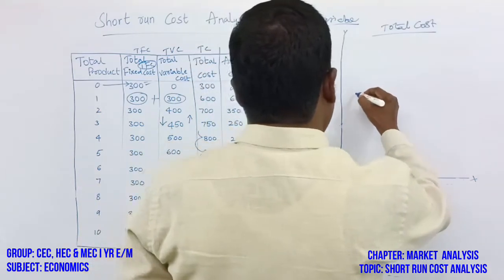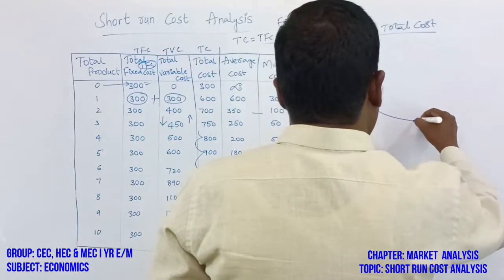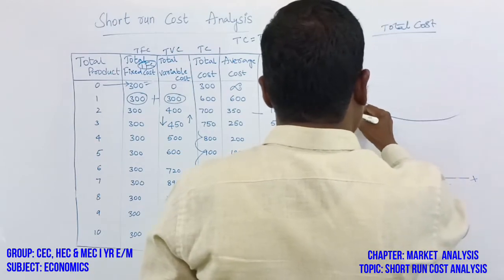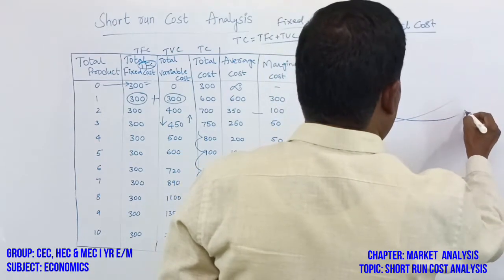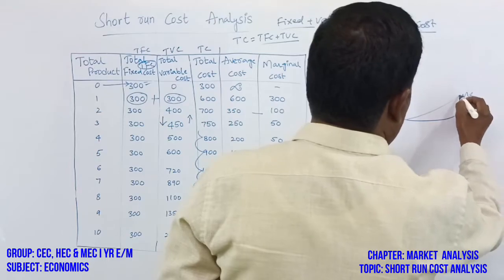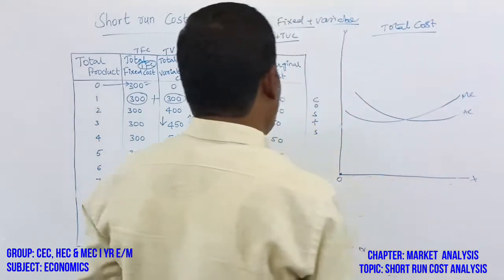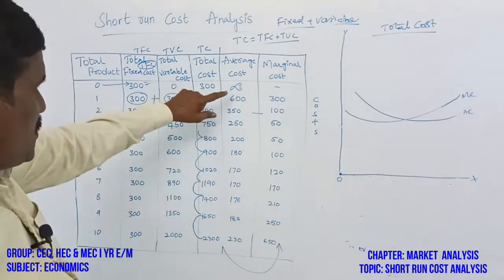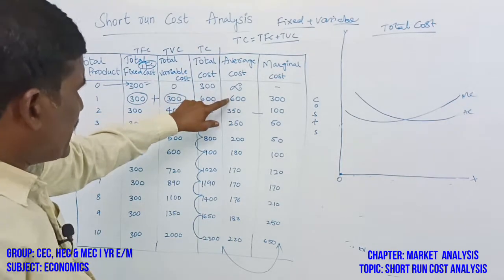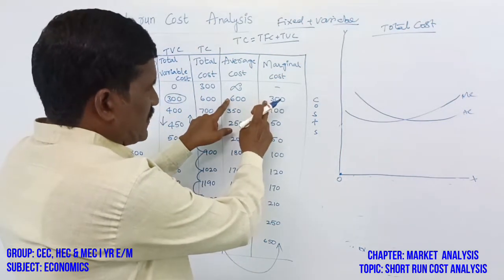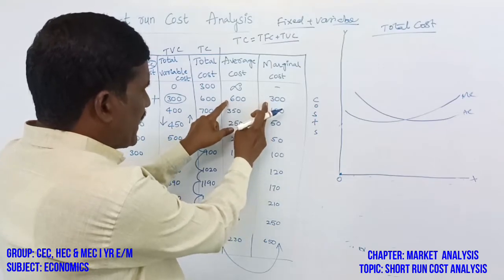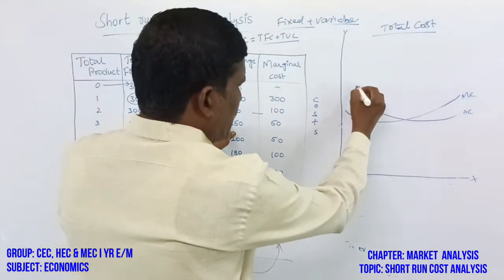So this is the AC and this is the MC. Initially, the AC is greater than MC. See here, AC is greater than MC.